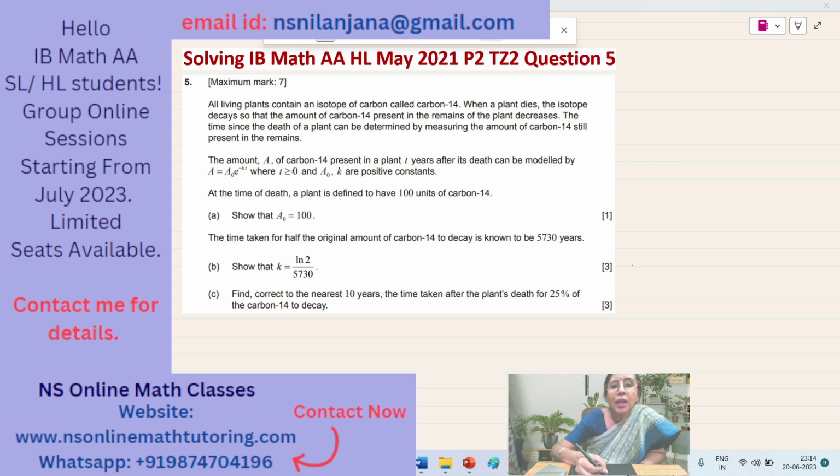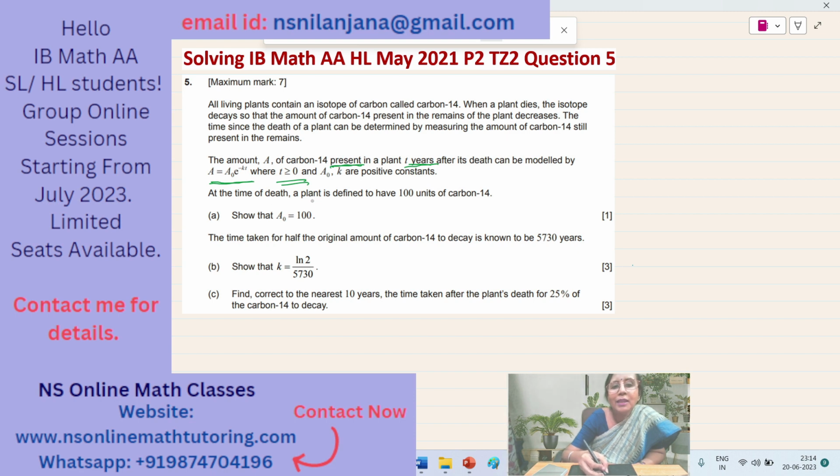The amount A of carbon-14 present in a plant t years after its death can be modeled by this equation, A equal to A0 e to the power of minus kt, where t is greater than or equal to 0 and A0, k are positive constants.